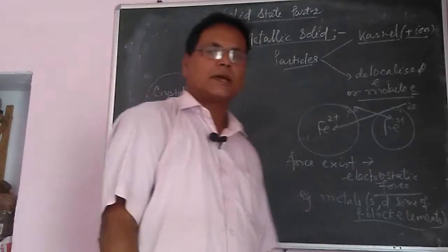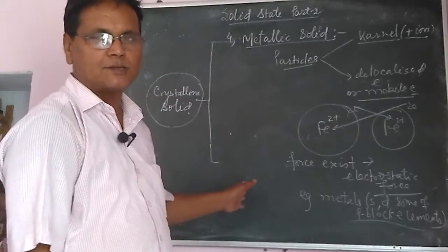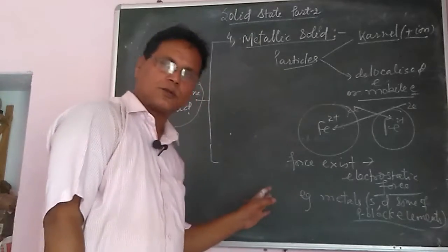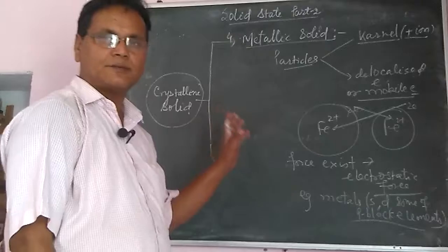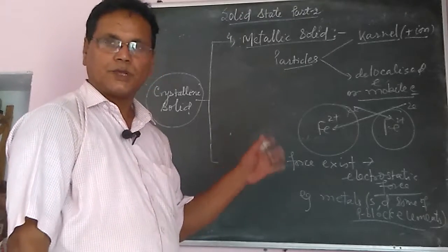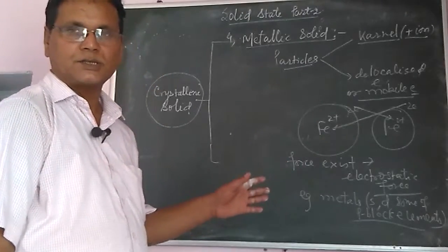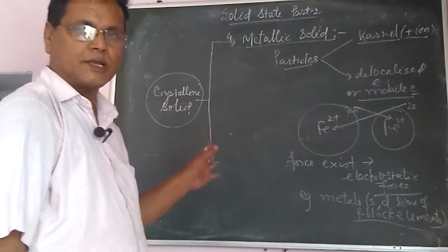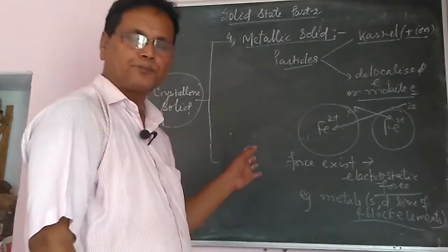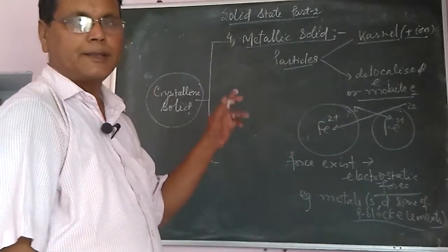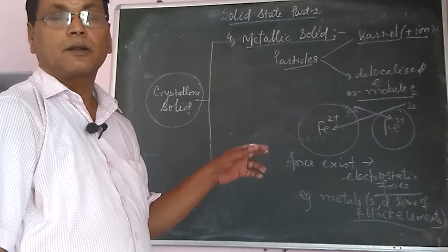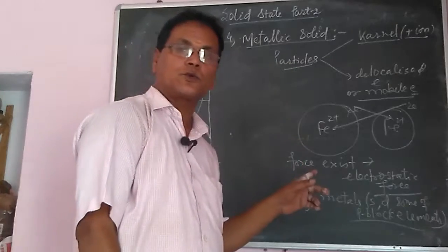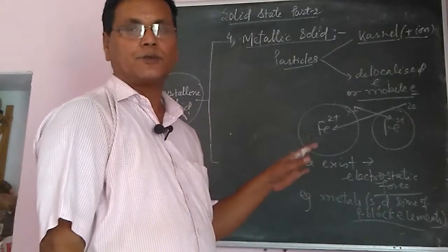So there are 4 different types of crystalline solids. First, ionic. Second, covalent or network. Third, molecular, which you have studied, in which 3 different forces exist. Due to that, molecular solids are of 3 types. One is in the case of polar, another in the case of non-polar, and the third is polar, but that polar compound must have highly electronegative atoms along with hydrogen.